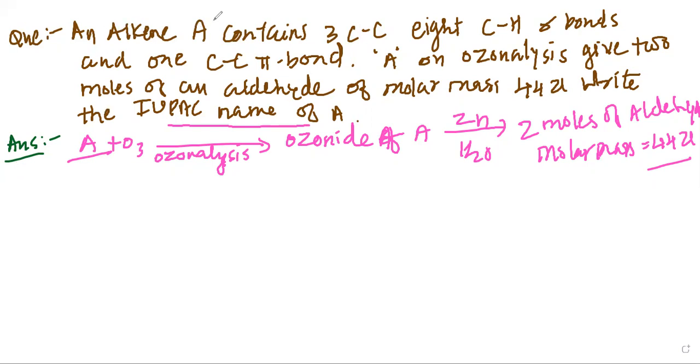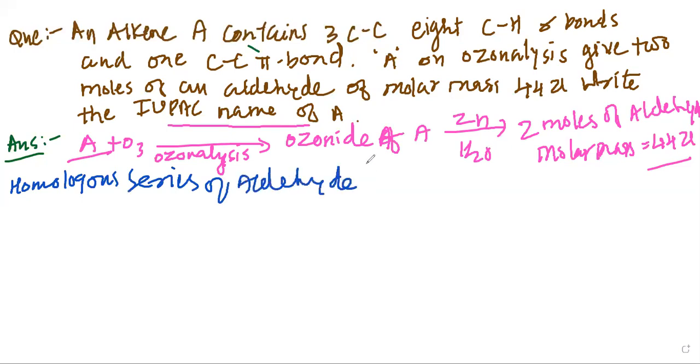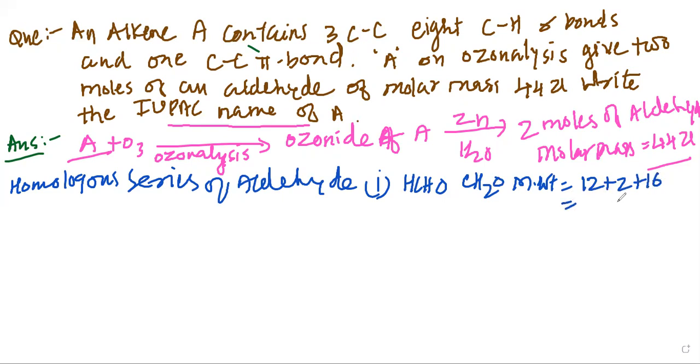If we write the homologous series of aldehydes, the first member is HCHO, which is nothing but CH2O, and the molecular mass would be 12 plus 2 plus 16, that is 30.